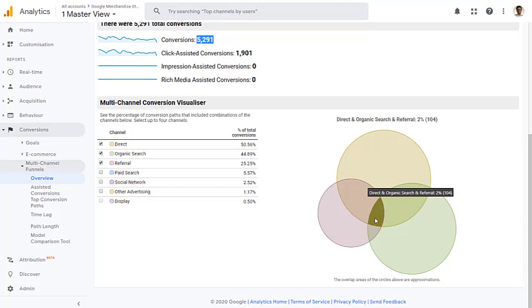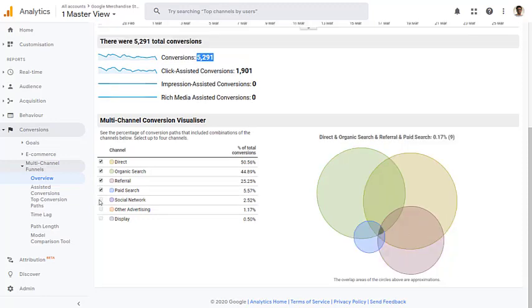That means the user came to my website by three different channels and then converted. There are 2% of such conversions, 104. Now I can mix and match. I can also check a fourth. This is the smallest intersection, which tells me there were 9 conversions where all 4 worked together.